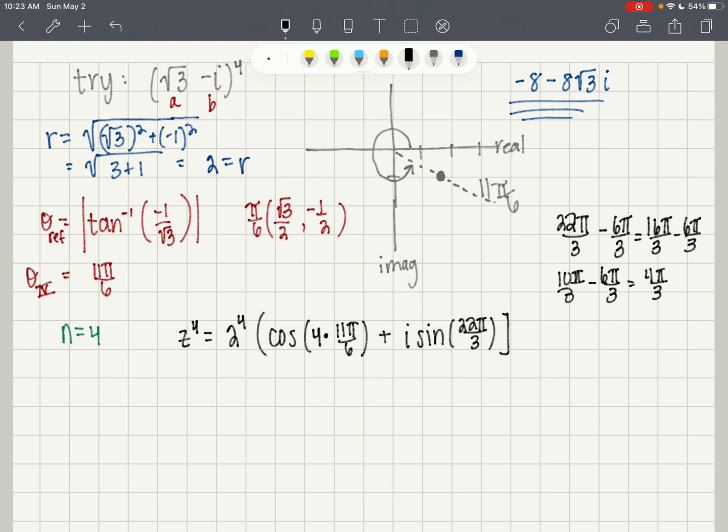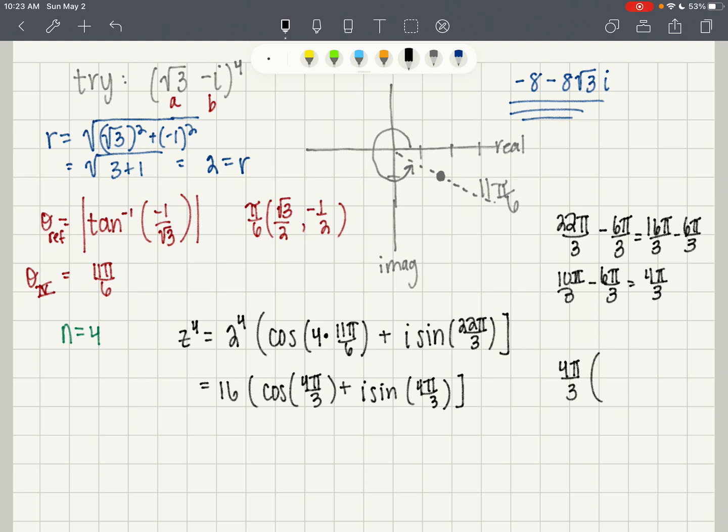So this is the same as saying 4 pi over 3. So we have 16 times the quantity cosine of 4 pi over 3 plus i sine of 4 pi over 3. You can keep it 22 pi over 3, doesn't really matter.